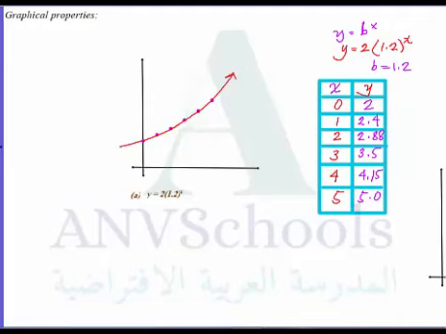So this is the graph of y is equal to 2 times 1.2 raised to x, where our b is equal to 1.2. And our b in this case is greater than 1.